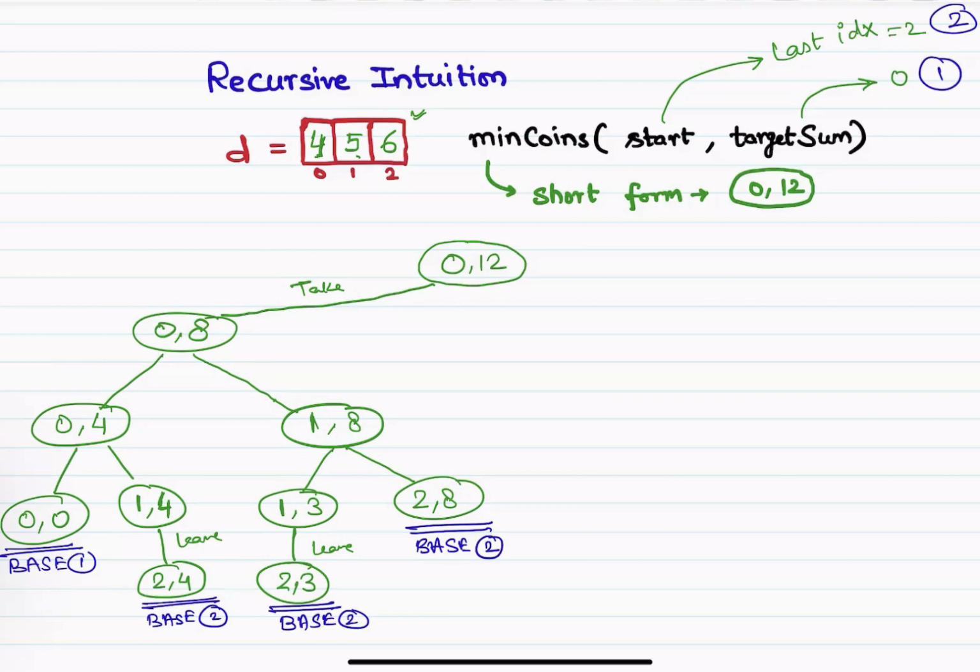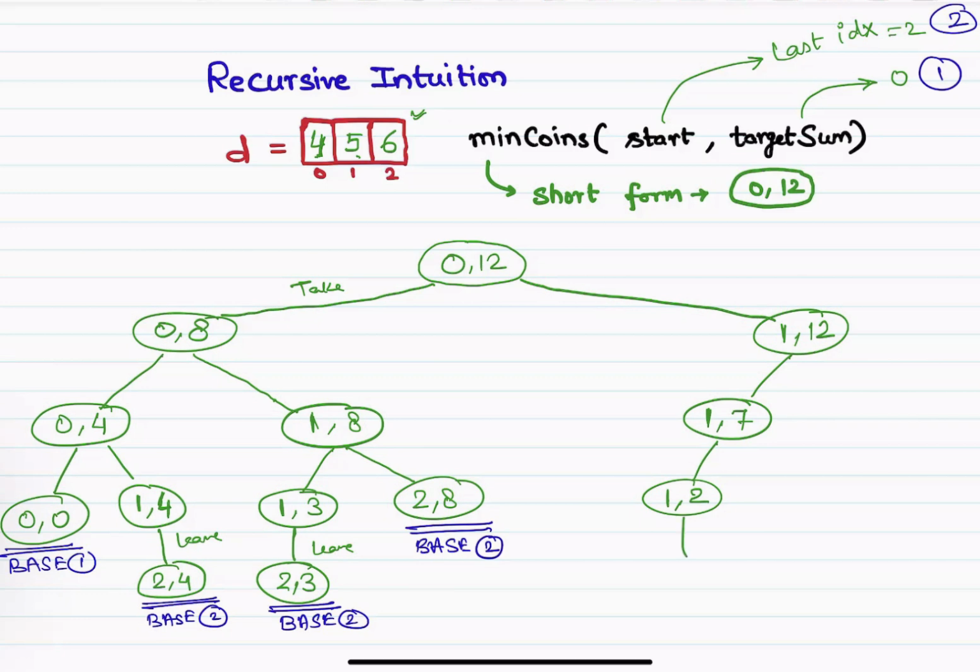Now imagine at the 0th index, if we would have decided to leave index 0, we would still be looking at a sum of 12, but starting at index 1. Now at index 1, if we take 5, then we stay at 1 and 12 minus 5 is 7. At index 1, if we choose to take 5 again, we'll have index 1 and 7 minus 5 is 2. Now at index 1, the value present is 5 and we are looking for a target sum of 2. So taking that is not an option.